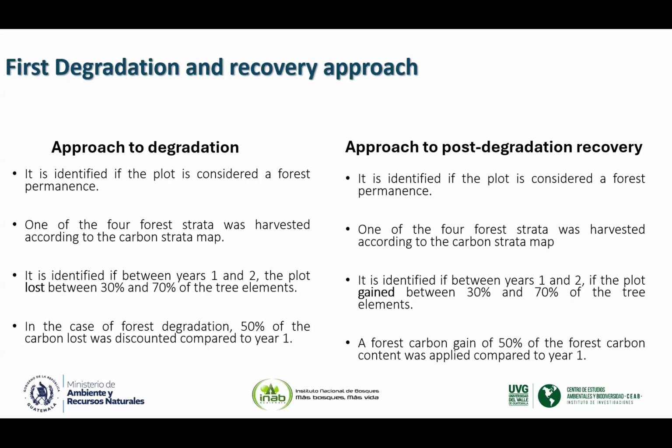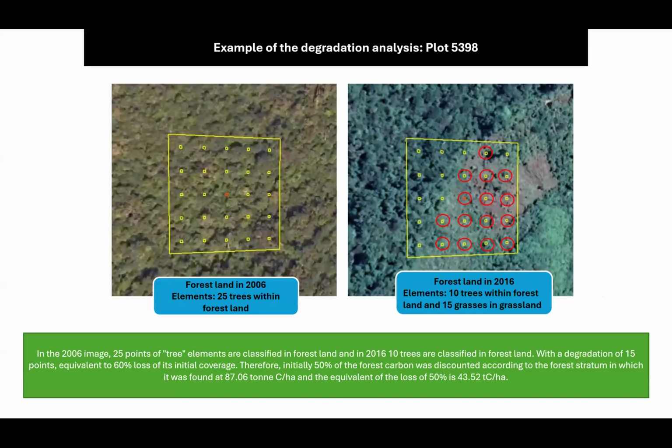In this picture, you can see an example of forest degradation. We saw in 2006 that the plot had 25 tree elements.